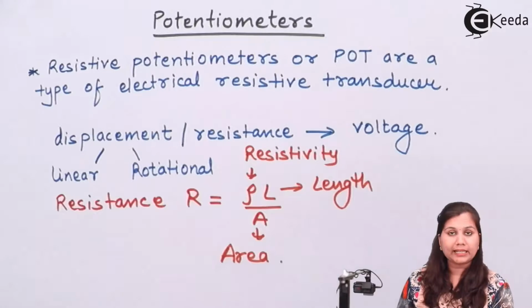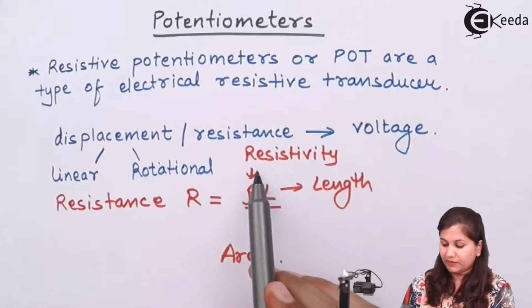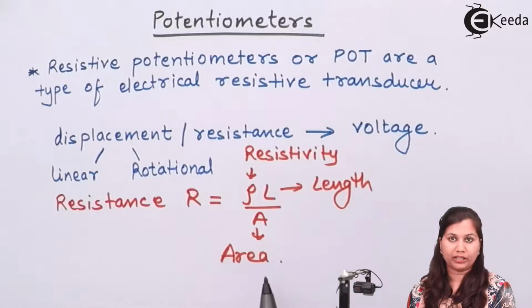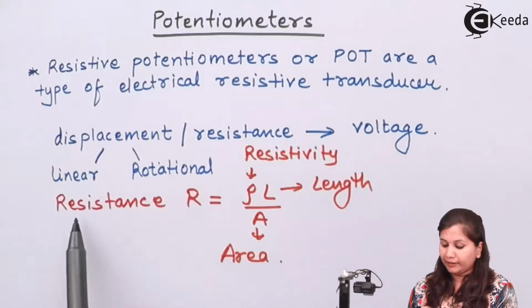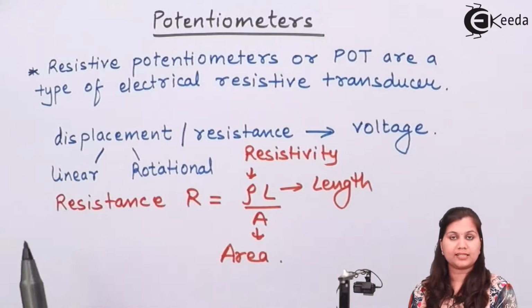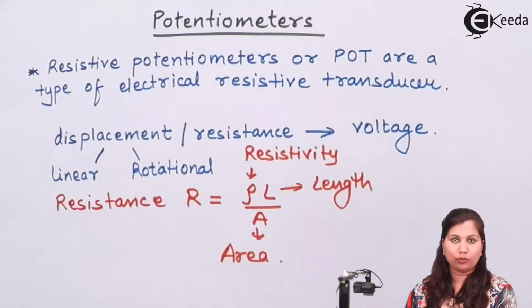So, by any means, if we change the resistivity, length or area of a conductor, we change the resistance of that conductor, and by using the changes in the resistance, we measure a physical quantity.